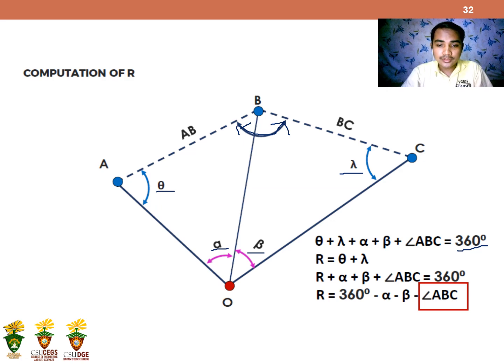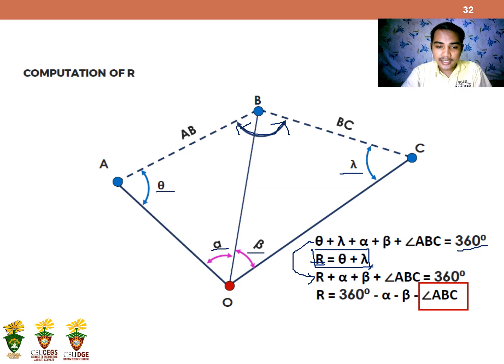And we all know that we let the r. So itong kaganina before aning mga slide, we denote that r is equal to theta plus lambda. So we are going to substitute theta plus lambda to be r. So therefore mahimo na ni siya from this equation, mahimo na siyang ingani.